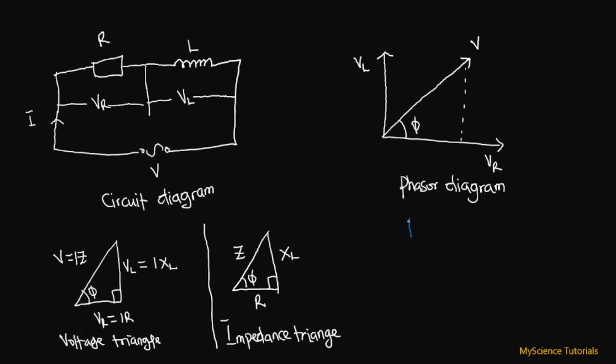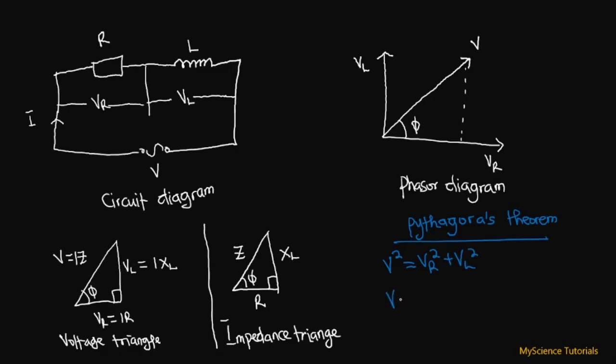So using Pythagoras theorem, from this voltage triangle, if we want to find the applied voltage, which is the hypotenuse over here, V squared is equal to VR squared plus VL squared.